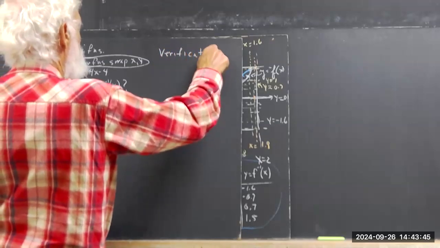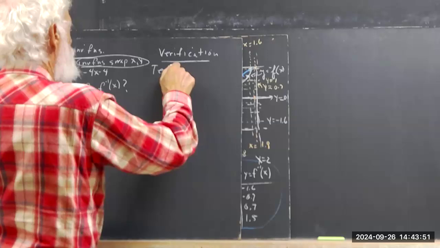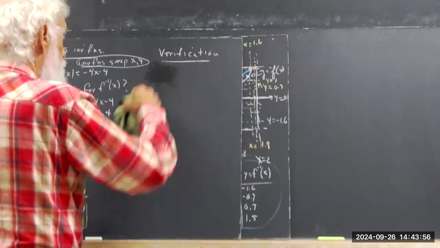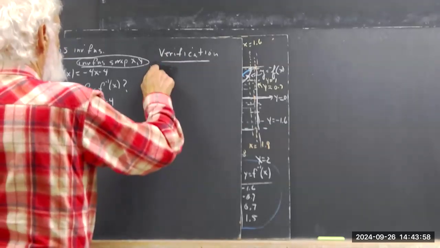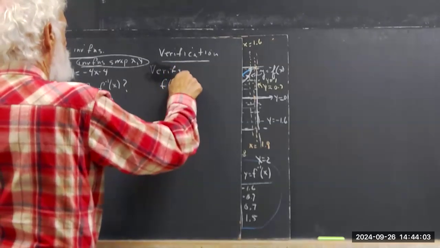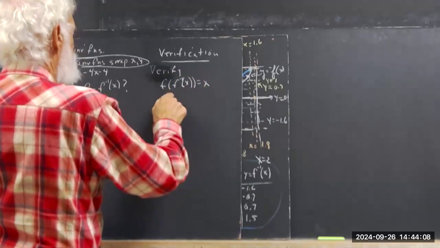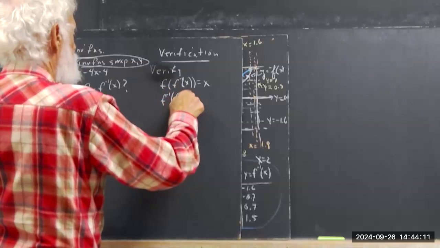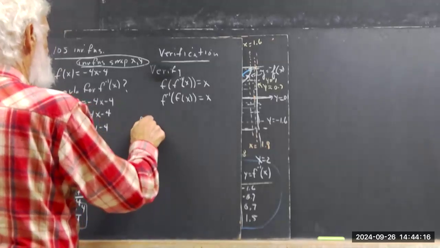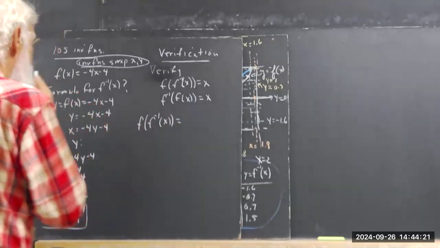Verification means, and actually, I'm just going to say verify: f of f inverse of x equals x, and f inverse of f of x equals x. Okay, well, f of f inverse of x equals what?